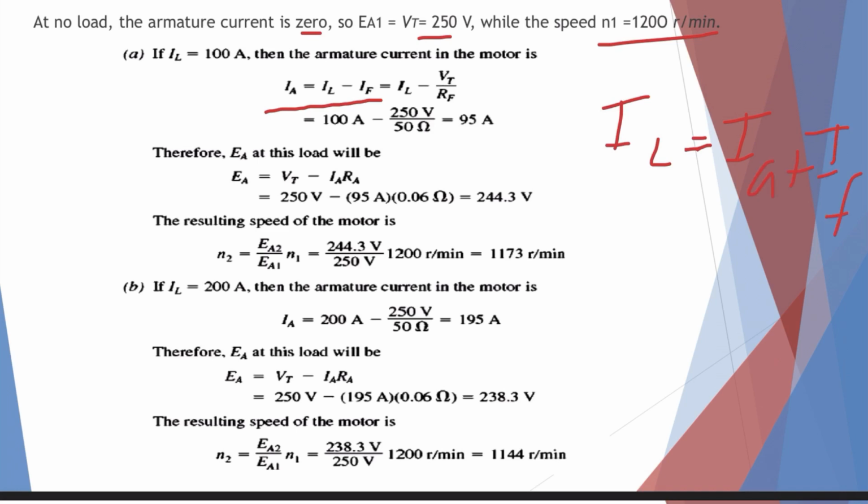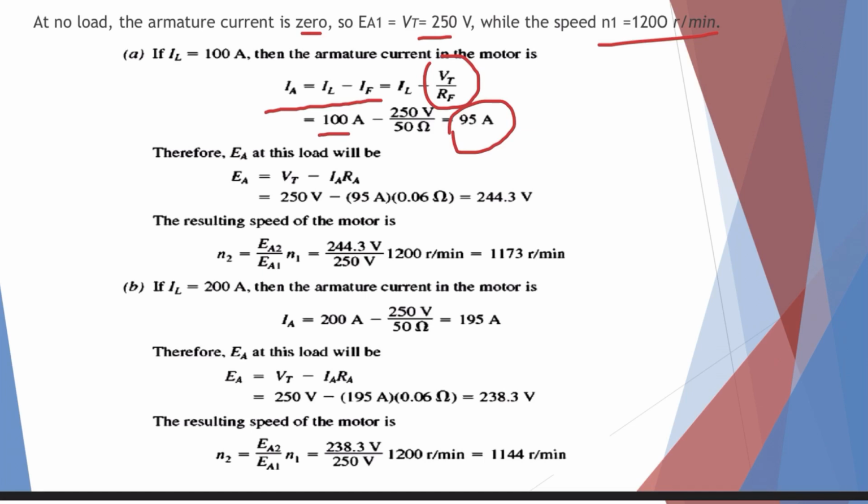IF equals VT over RF, so IA is 100 ampere minus VT 250 over RF 50. The answer will be 95 ampere.